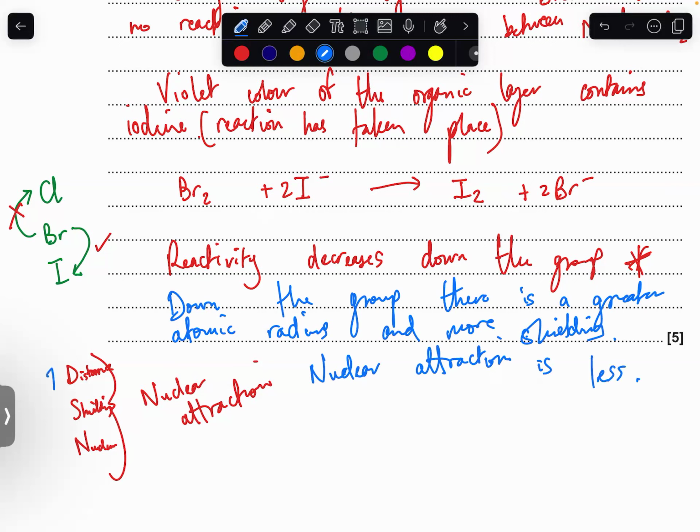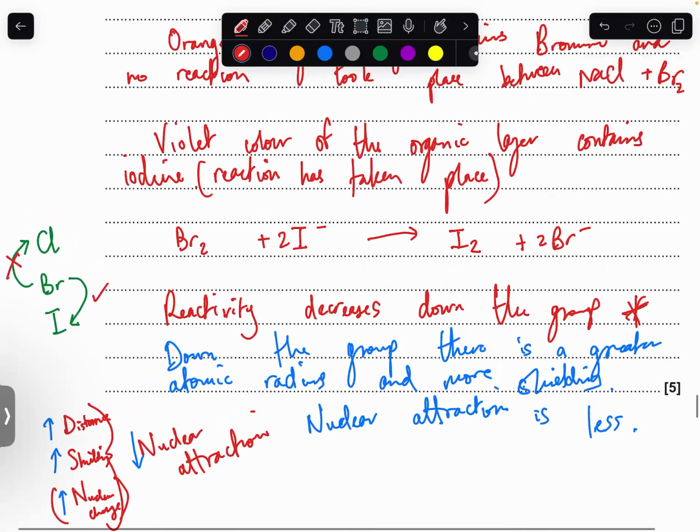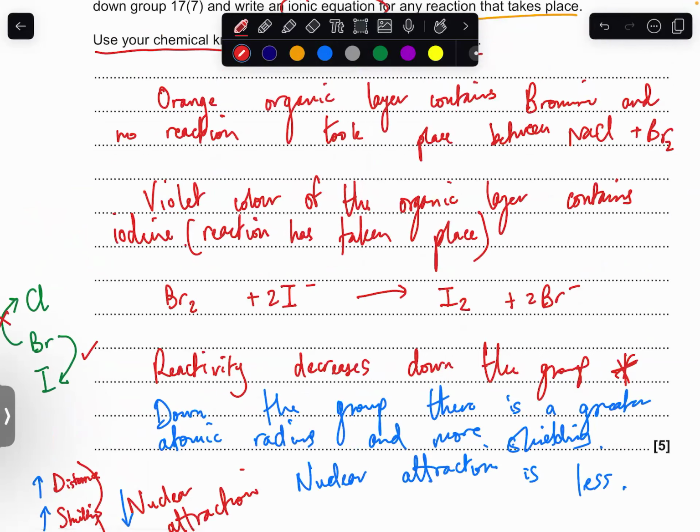So this increases, and this decreases. Even though the nuclear charge increases, this effect is outweighed. They don't want you to talk about that. So these are your 5 points.